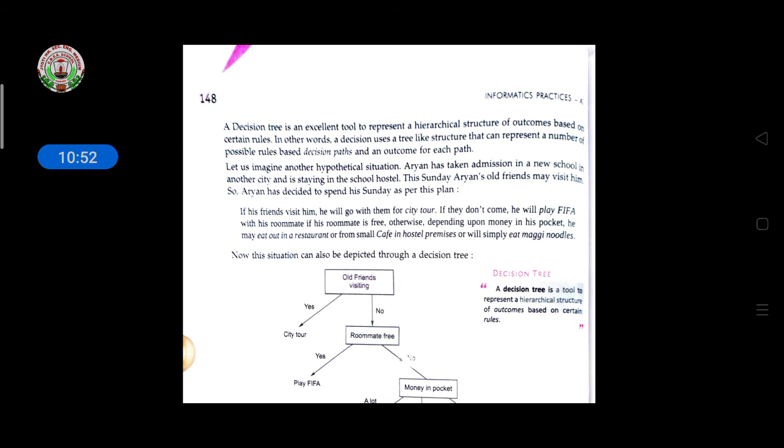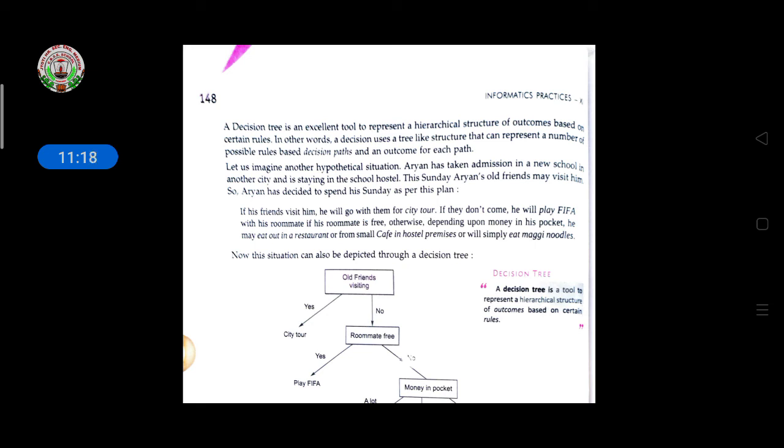A decision tree is an excellent tool to present the hierarchical structure of outcomes based on certain rules. In another word, a decision tree uses a tree-like structure that can represent a number of possible rules-based decision paths and the outcome for each path. Let us imagine another hypothetical situation.